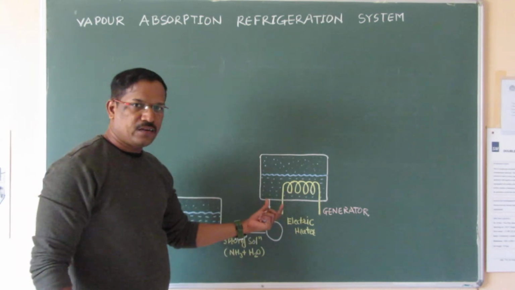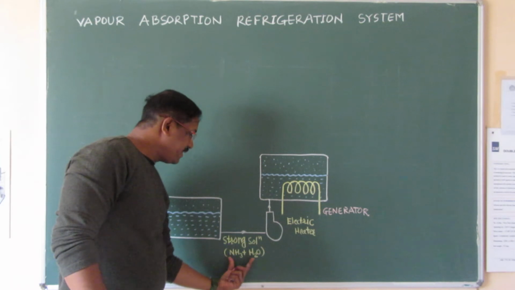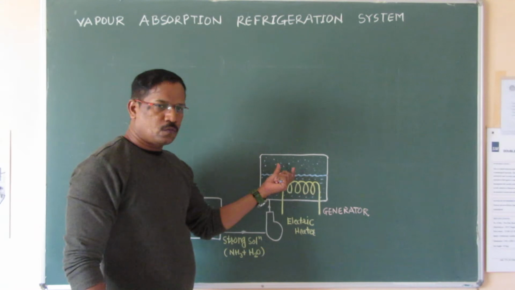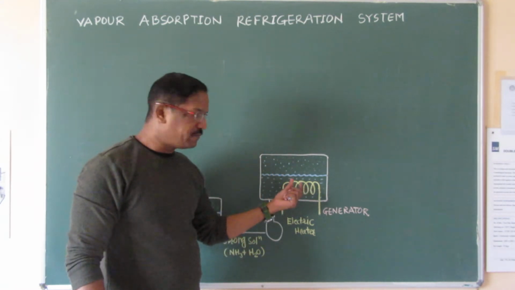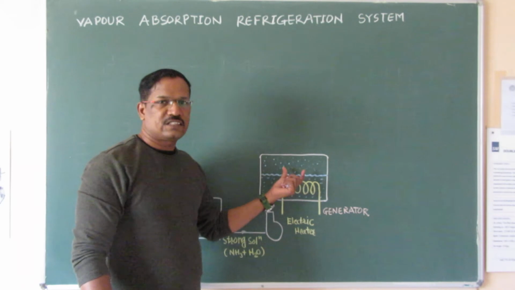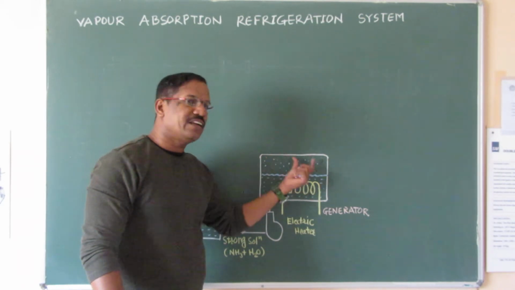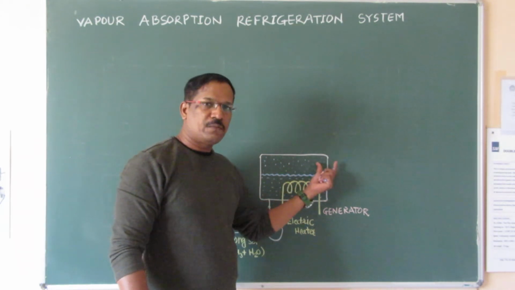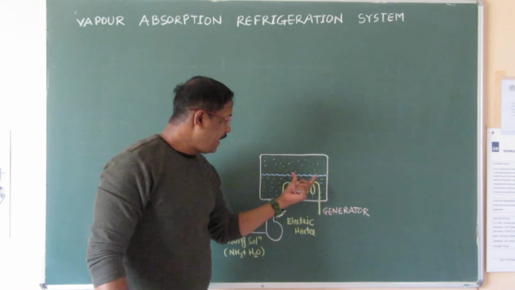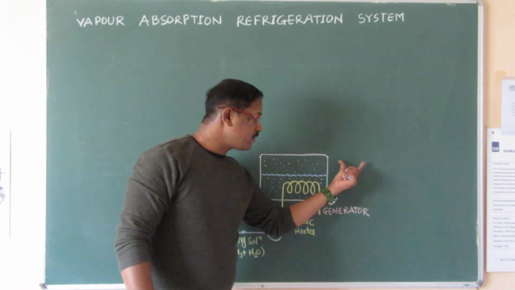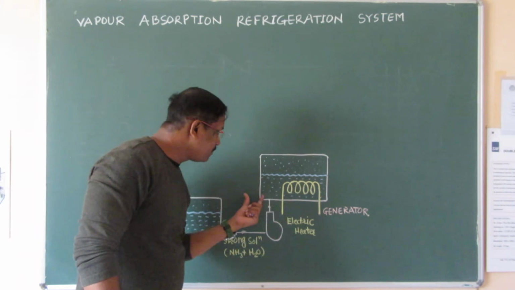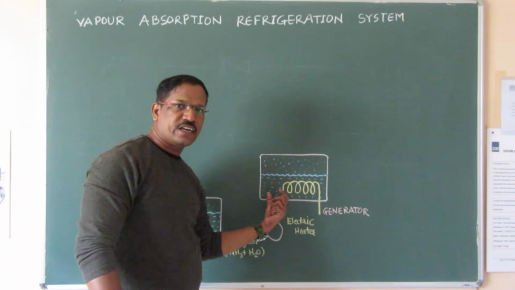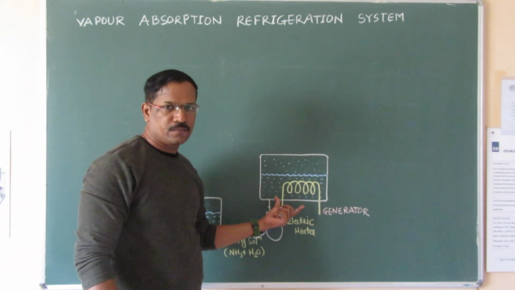Now when heat is supplied, what happens? In a mixture of NH3 and H2O, NH3 vaporizes easily. Water cannot be vaporized at that much temperature as compared to NH3. Some part of the water also gets vaporized, but the analyzer restricts it from moving out, so only vapors of ammonia can pass out. As the ammonia vapors move out from the generator, this solution becomes weak because it now has less ammonia content and higher water content.